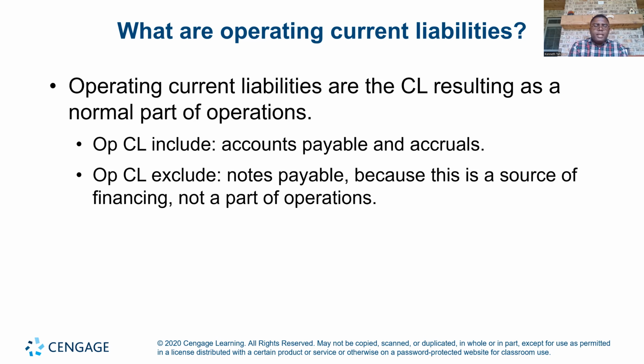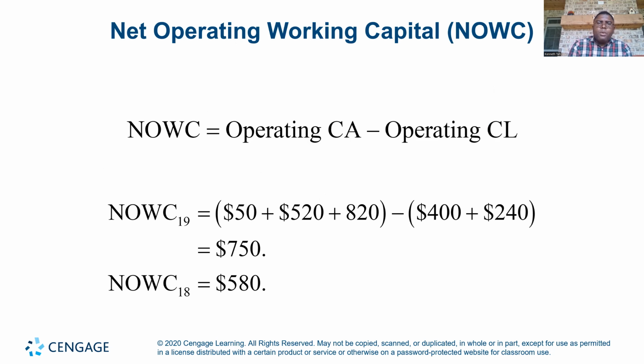So with that in mind, in the second step, we calculate our net operating working capital, which is operating current assets minus operating current liabilities. Our operating current assets include cash, inventory, and receivables.